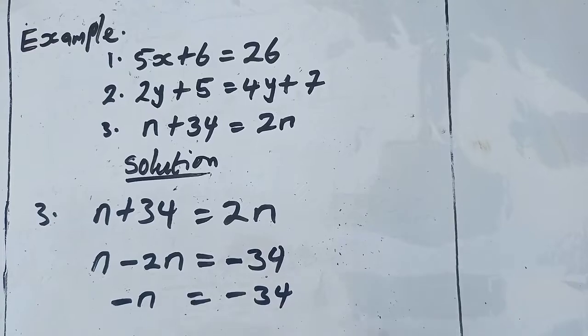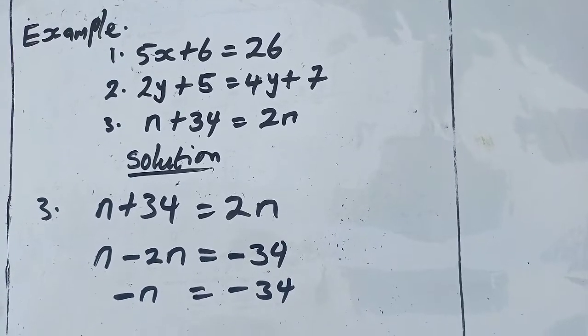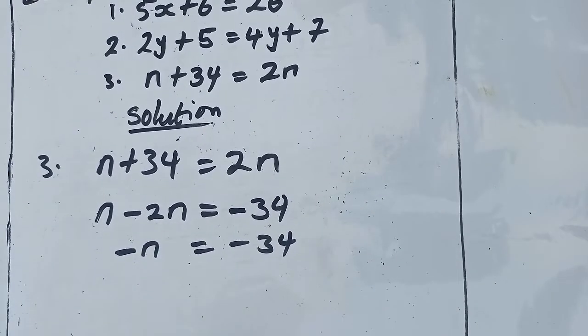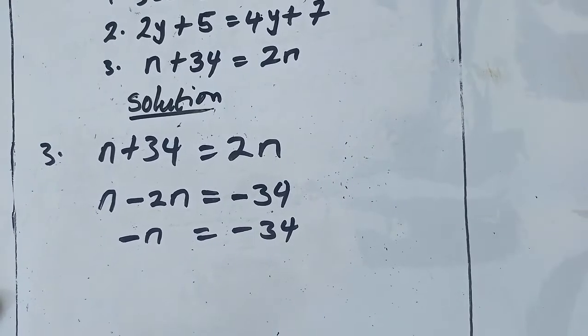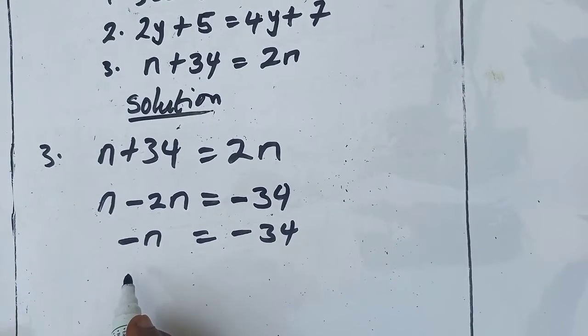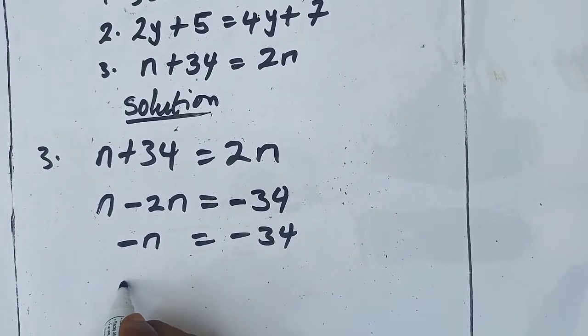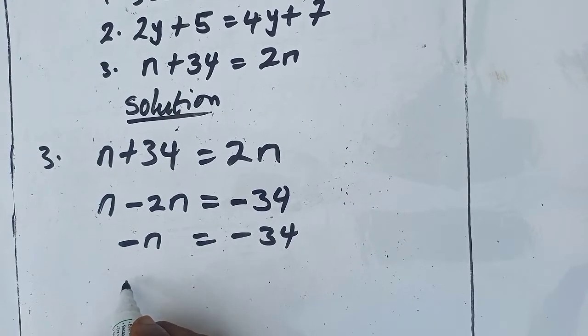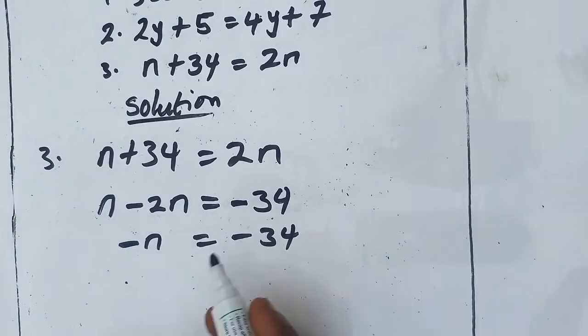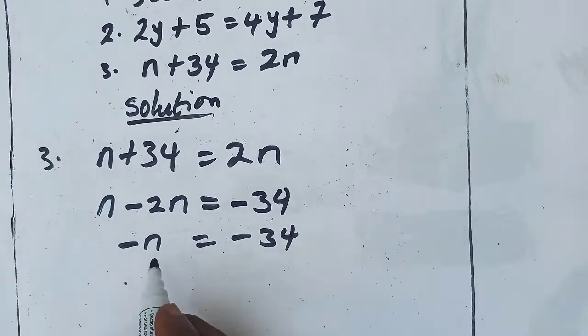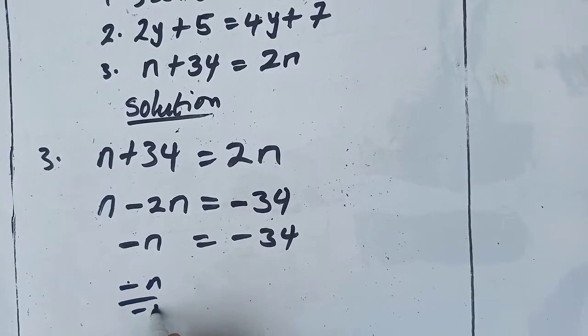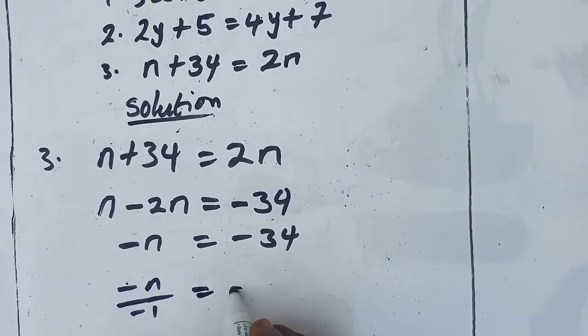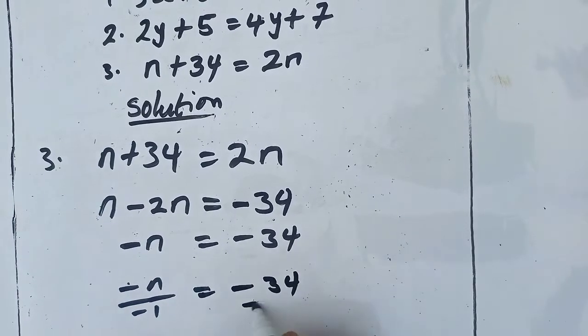So what do you do with the variable side? Divide by the coefficient of n. And here, the coefficient of n is minus 1. So divide both sides by minus 1, that's minus n over minus 1 equals minus 34 over minus 1.